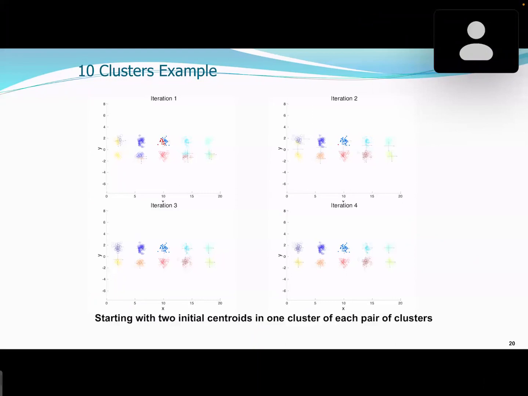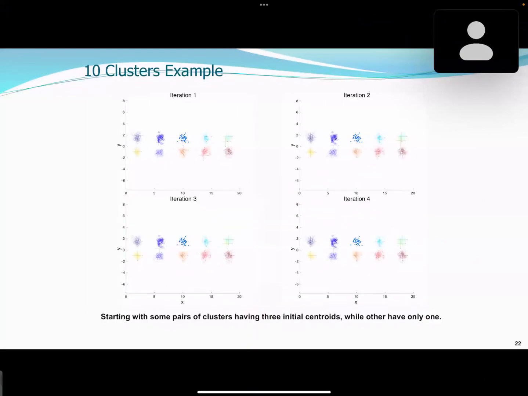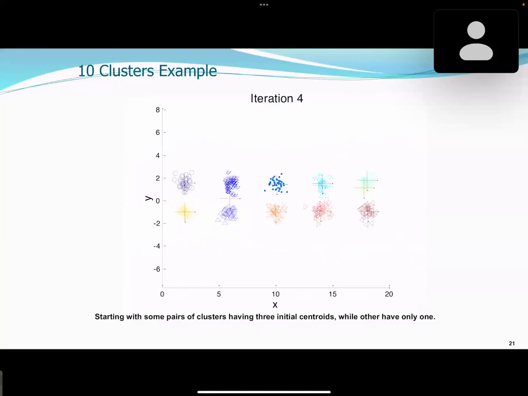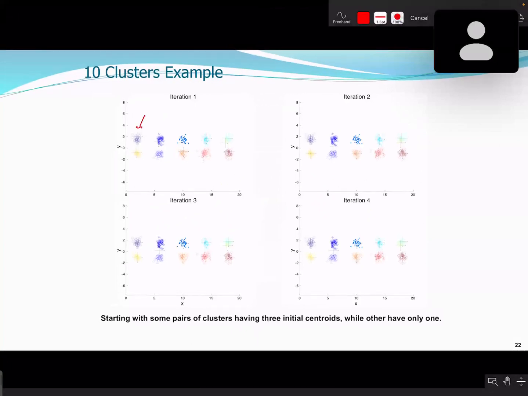However, here's another example where I picked one initial centroid here, another here, another one here, 2 here, another two here, one here, one here, and also 2 here.